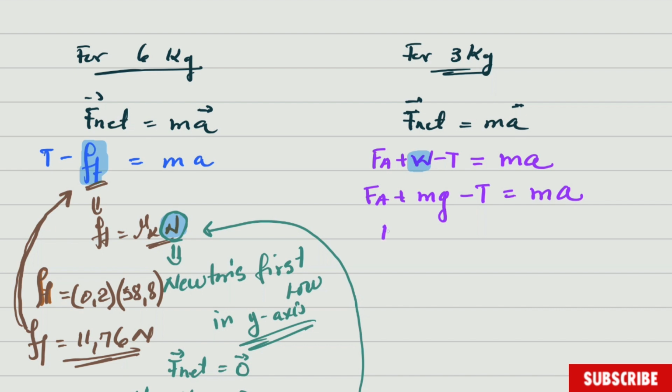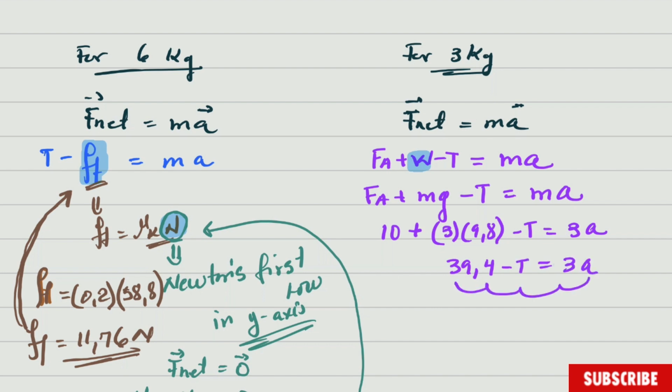In this case, the applied force is 10 plus the mass is 3 times, let's do the bracket, we've been using brackets up until now, times 9,8 minus T equal to 3A. And when you solve this one here, you will get 39,4 minus T equal to 3A. And guys, we have here two unknowns. We're going to stop this one here and we're going to call this one equation 2.